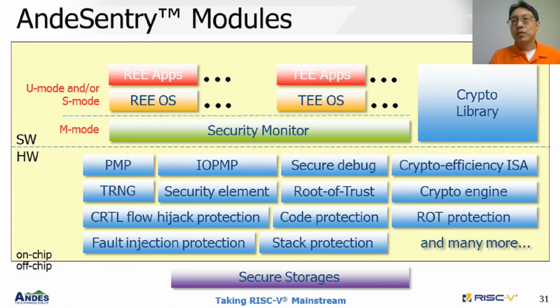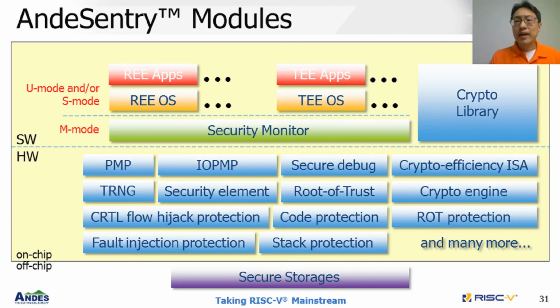These are the modules included in the Andes Sentry entries. It consists of off-chip storage, on-chip hardware IPs, and software stacks. As to off-chip storage, it supports up to Tier 4 plus secure storage, which can mitigate various physical attacks. As to on-chip hardware IPs and components, it has PMP, IOPMP, random number generator, crypto engine, secure element, root of trust, secure debugger, and many more.